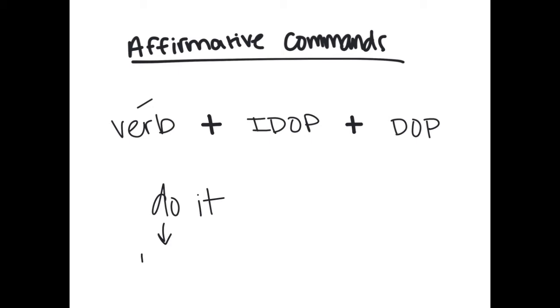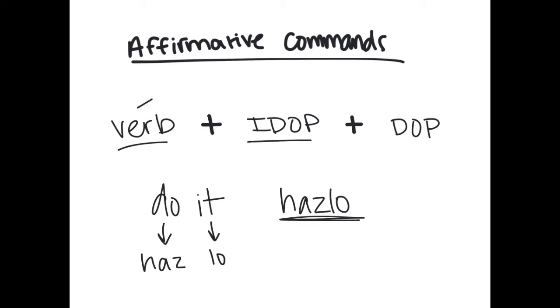It's an irregular, haz. And then it, you would use lo. Because lo is a direct object pronoun, we have our verb first, haz, and then lo right after. In these cases, it's all one word: your verb, your indirect object pronoun, and your direct object pronoun. So do it is going to translate to hazlo.